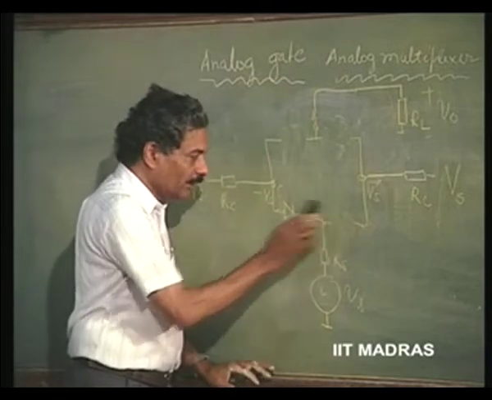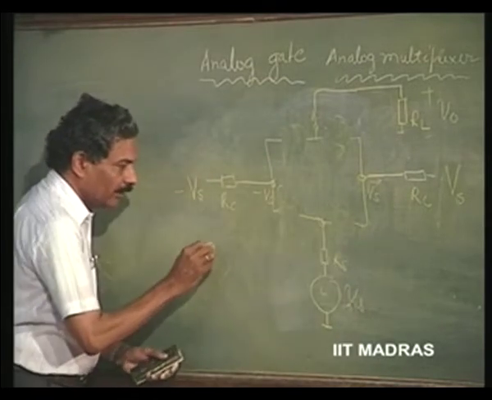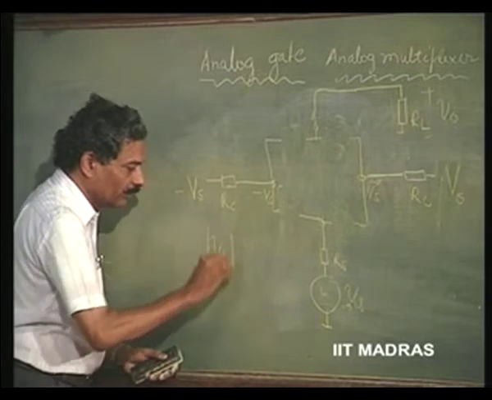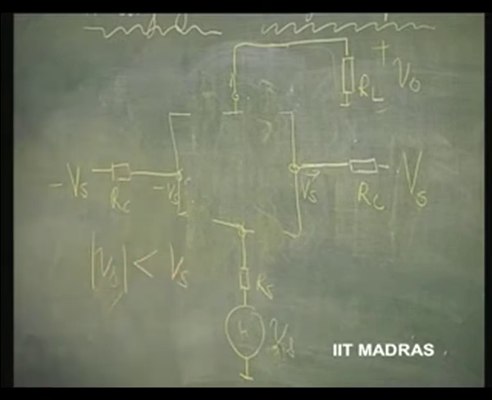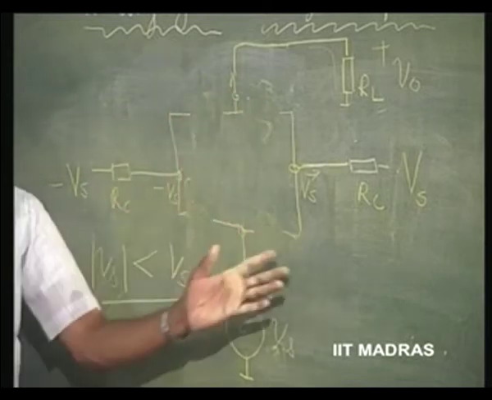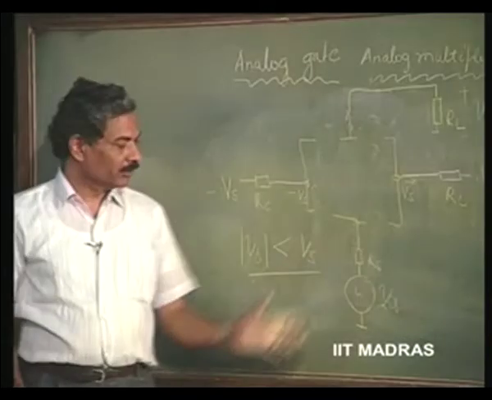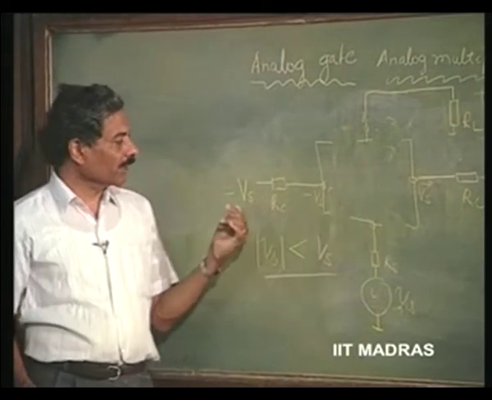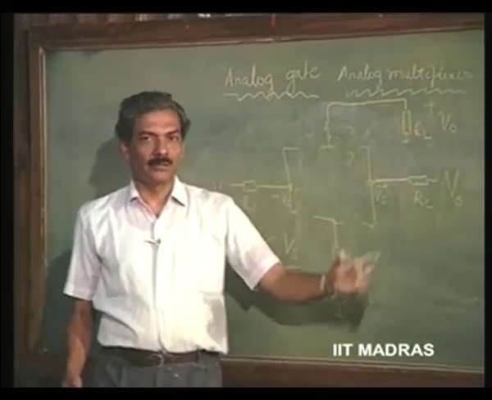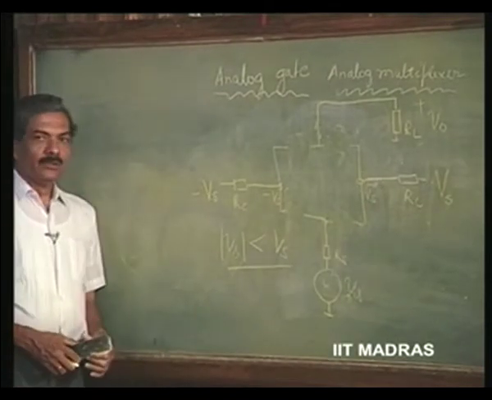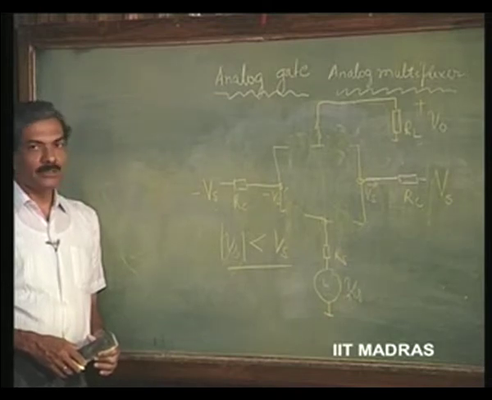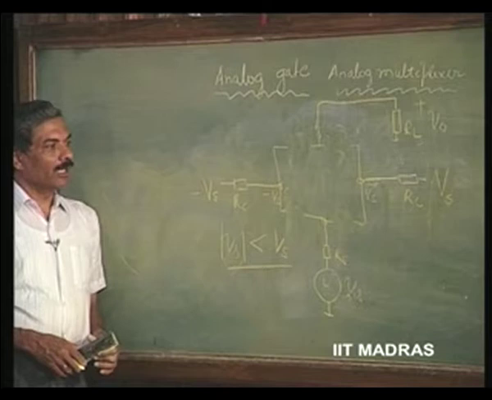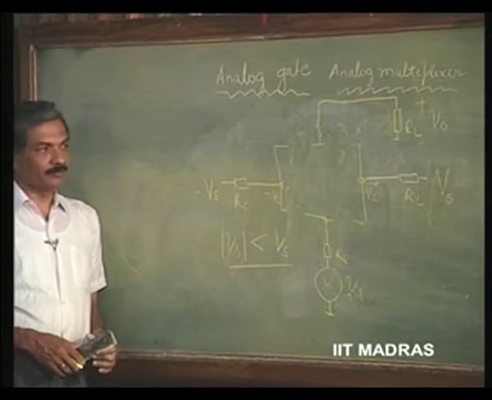We will have this open as long as the magnitude of vs is kept always less than capital Vs. So, this is the condition to see that the diode bridge gets disconnected when control signals go to minus Vs and plus Vs. This is a diode bridge which is very useful as an analog multiplexer.